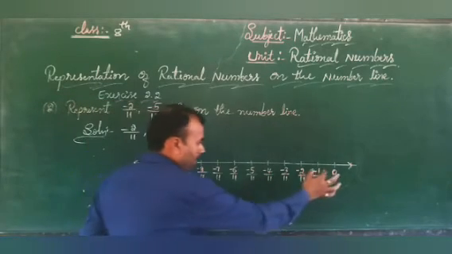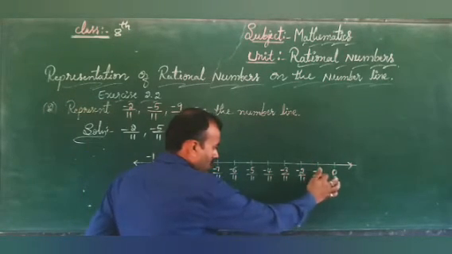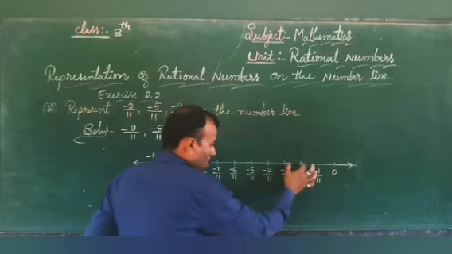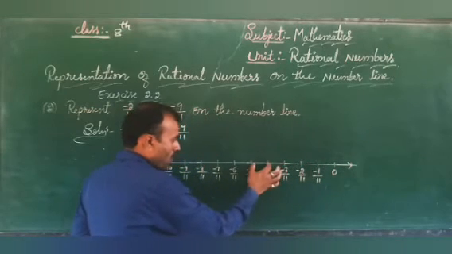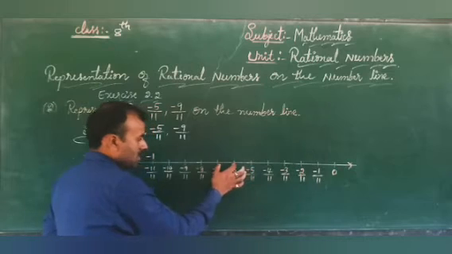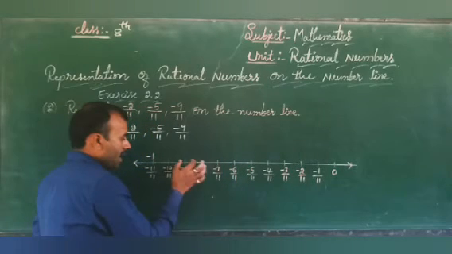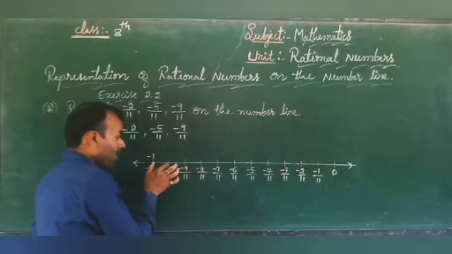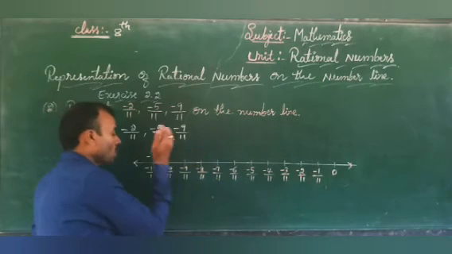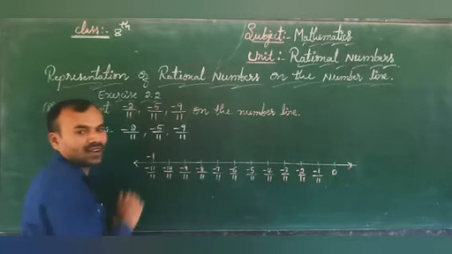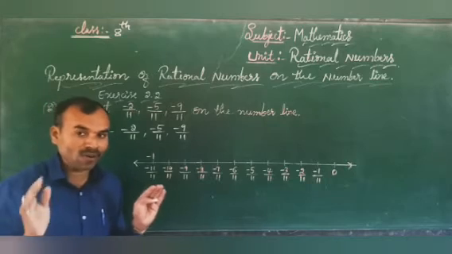In the previous problem, the denominator was 6, so I divided the number line from 0 to minus 1 into 6 parts. Here I divide it into 11 parts. Just observe: 0 to minus 1, 1, 2, 3, 4, 5, 6, 7, 8, 9, 10, 11. From 0 up to minus 1, there are 11 parts.